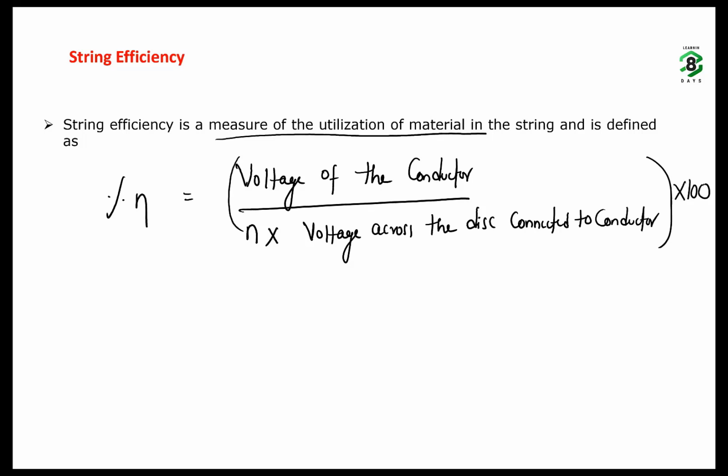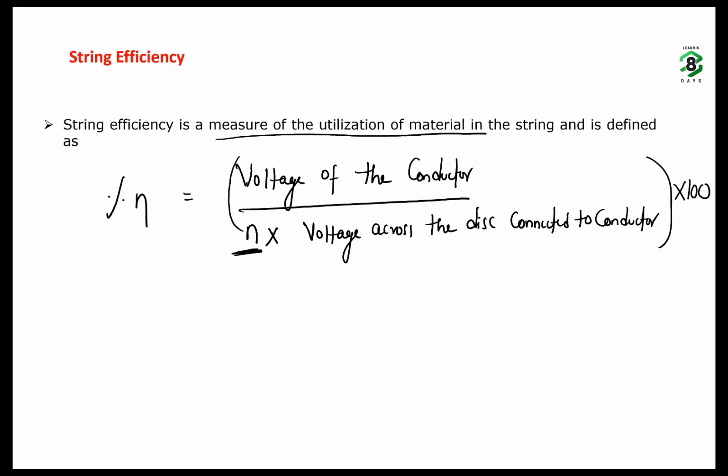So string efficiency is given by voltage of the conductor divided by the total number of discs present in the insulator string into voltage across the disc which is connected to the conductor.